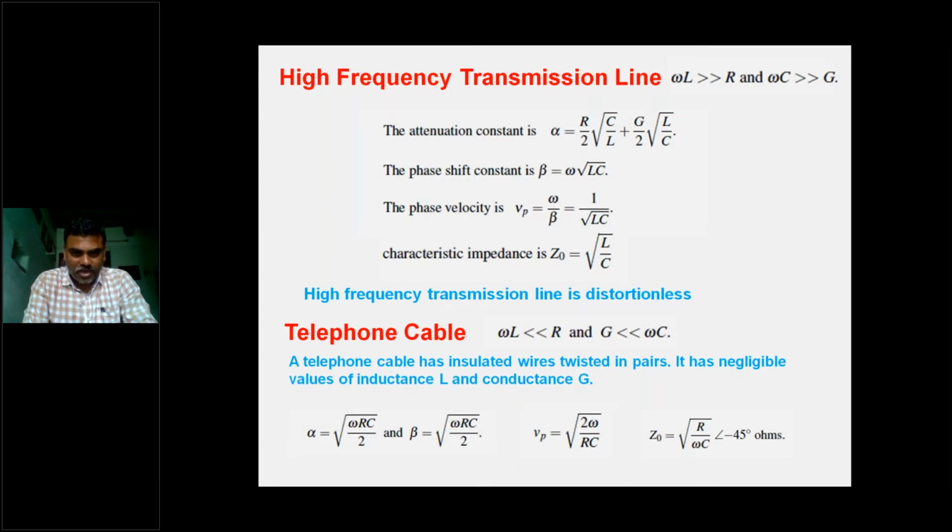And for the telephone cable, that means audio frequency transmission lines, where omega L is much less than R and G is much less than omega C, we have alpha and beta the same, root omega RC by 2, phase velocity is root 2 omega by RC, and characteristic impedance is root R by omega C at an angle of minus 45 degrees.